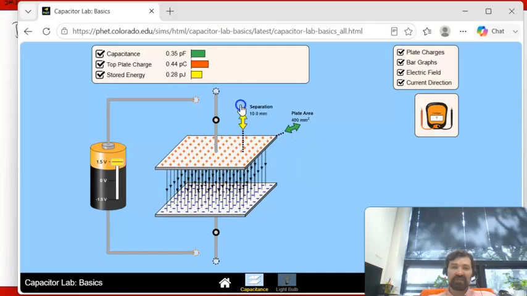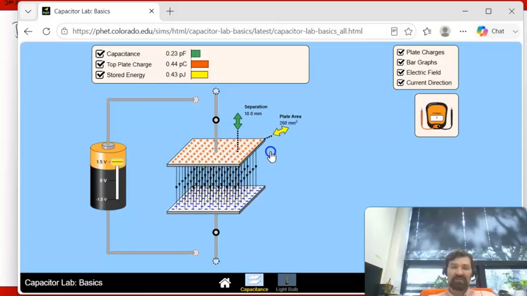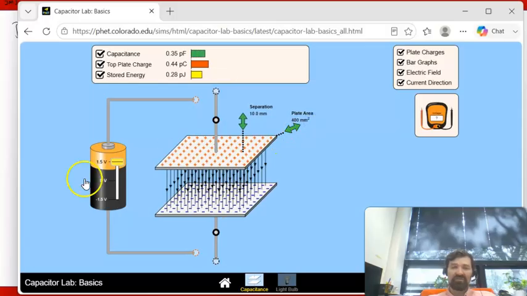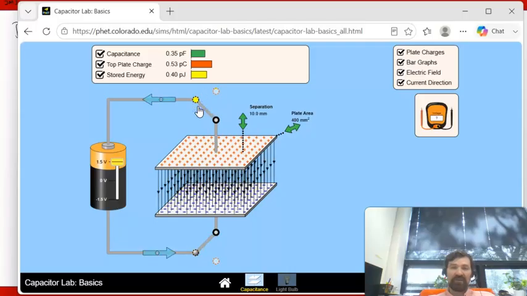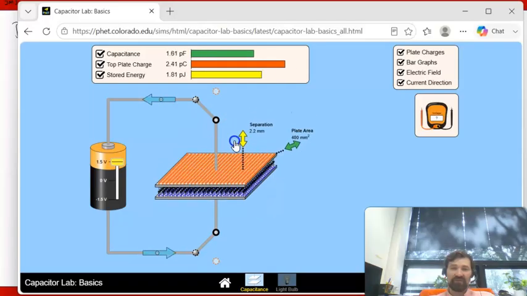You'll notice that the charge on the plates doesn't change as I move these nearer or farther, and it also doesn't really change if I make them larger or smaller. The capacitance and the stored energy do, however, change. And if I close the battery, I end up getting a different result for things like stored charge and stored energy as I move things closer and farther apart.